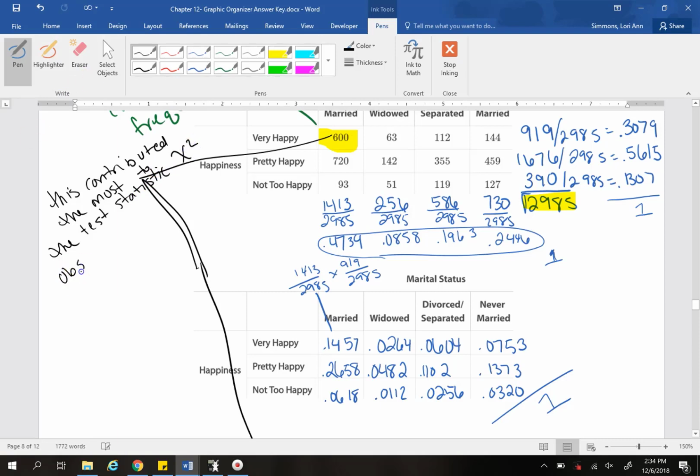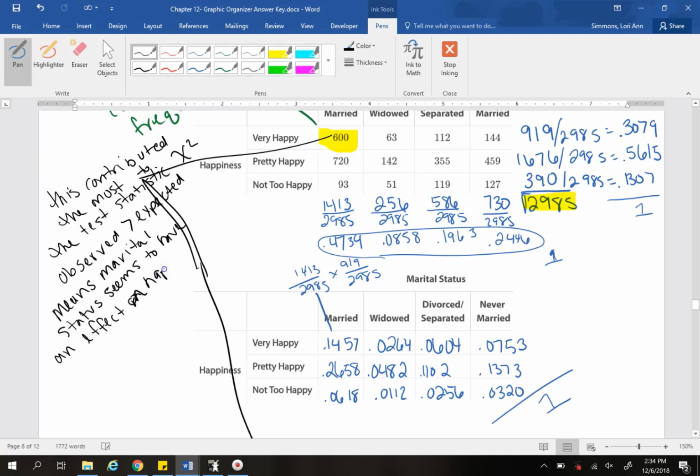The observed 600 was greater than the expected. Means that marital status seems to have an effect on happiness level.